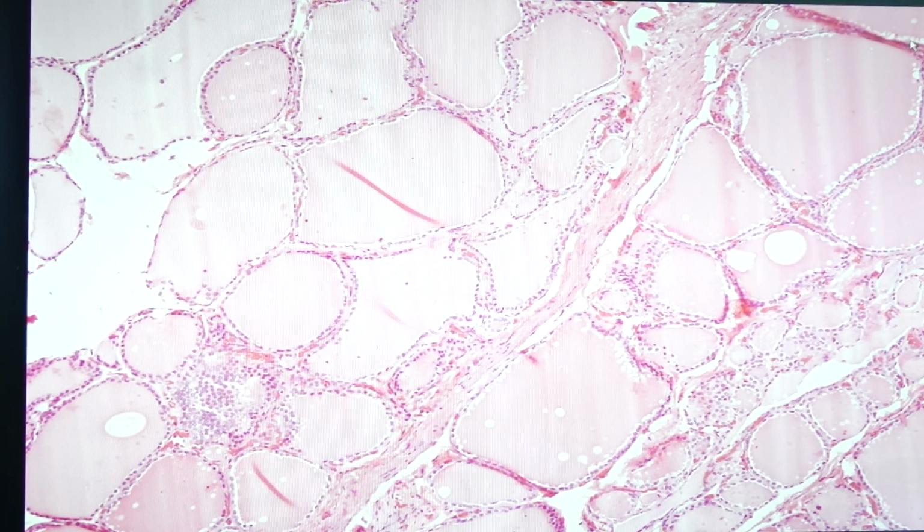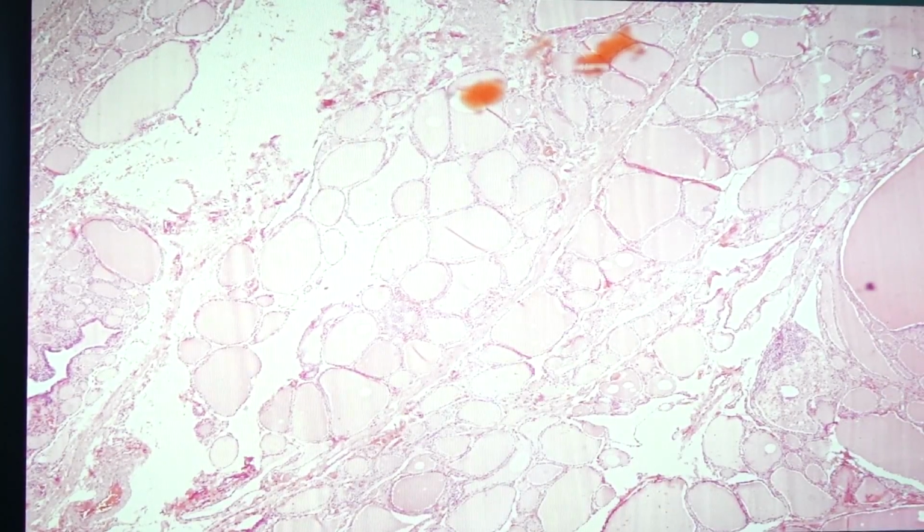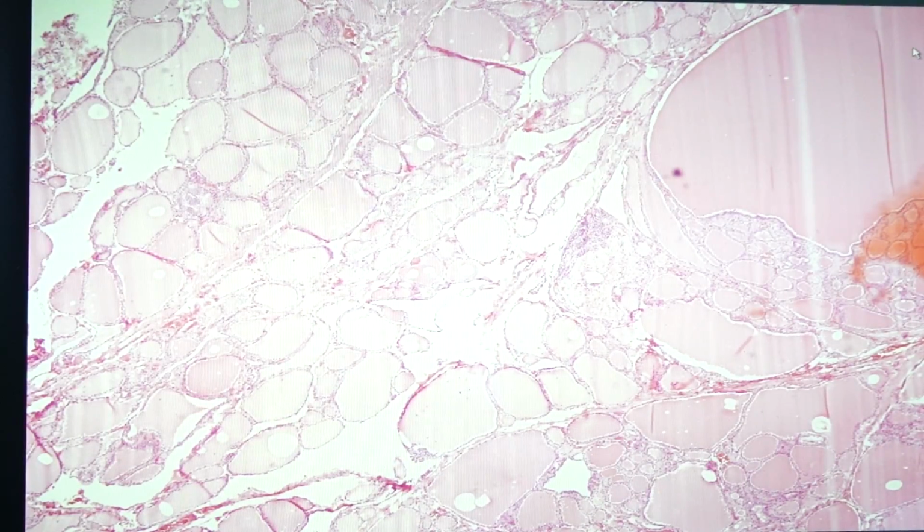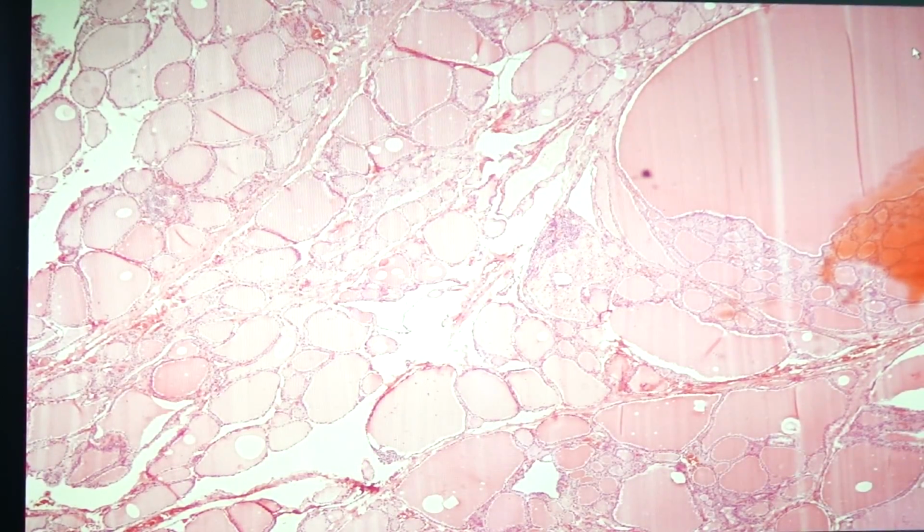This is simple goiter. So simple goiter can be sporadic or it can be endemic. When it is sporadic, it has a female predominance. Okay, so in clinical practice, I see a lot of females with goiters, and then a few would be males.